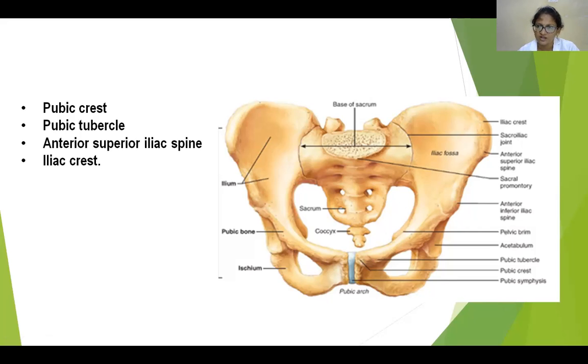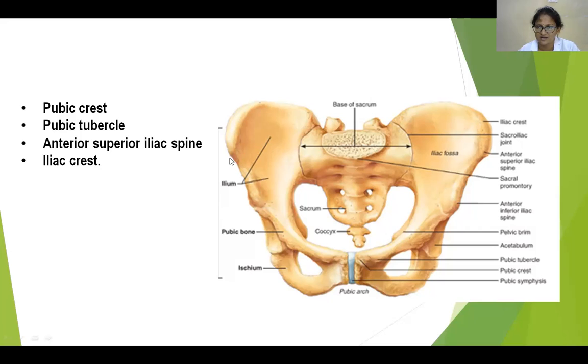Okay, the lower part of the external oblique aponeurosis is folded backwards, and it forms a thick ligament. This ligament is called the inguinal ligament.